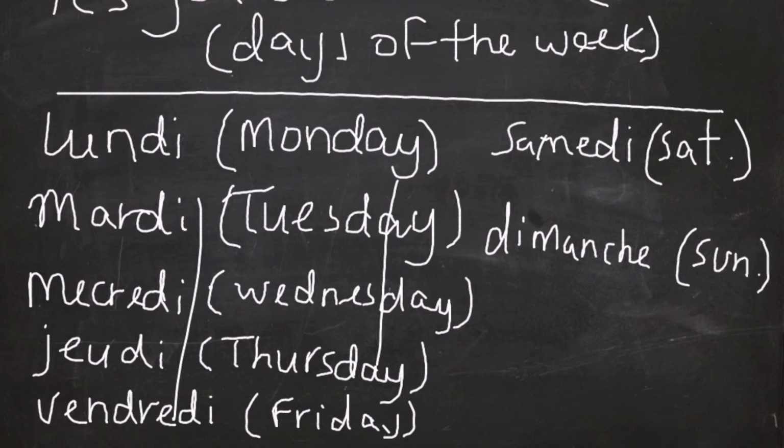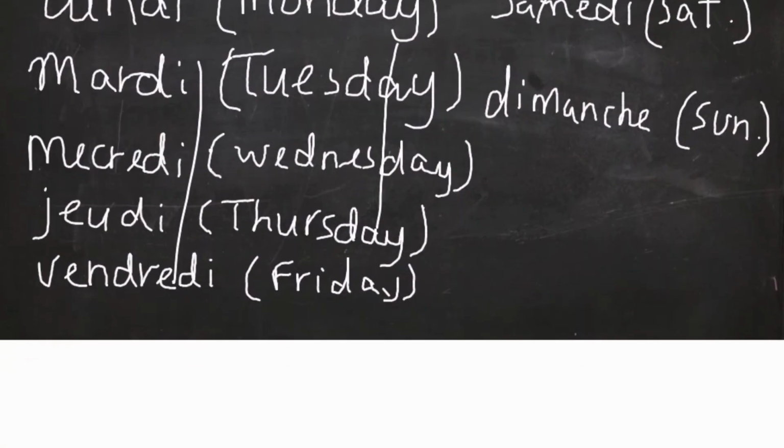Okay, so now that we have the days of the week, let's start with the months. For the months, I'm going to categorize them by the seasons. Let's start with l'hiver, which is the winter.